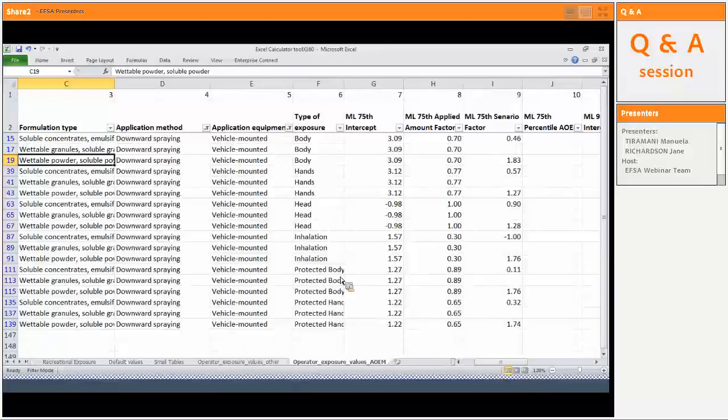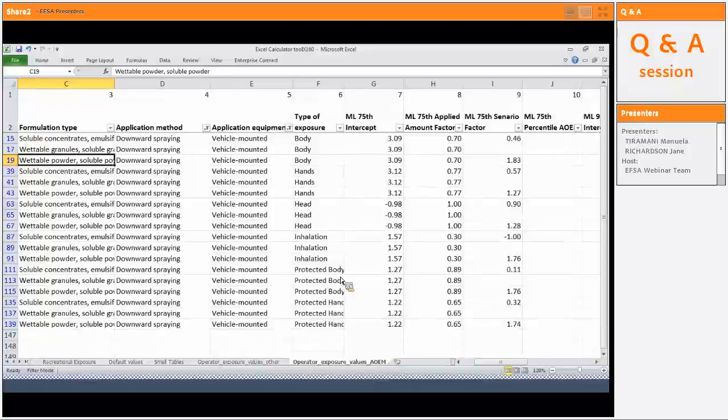My personal suggestion is to do it carefully and try to check also with other member states in the zone in case there are similar experiences in terms of availability of PPE and so on. But also, I guess, to explain that in terms of the AOEM model, there were sufficient studies where PPE was used, and therefore the exposure is derived from the model and considers, for example, with and without gloves.